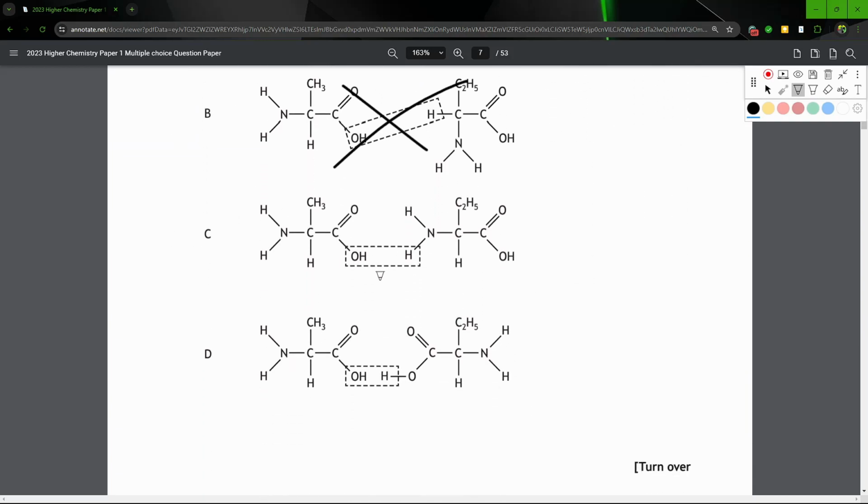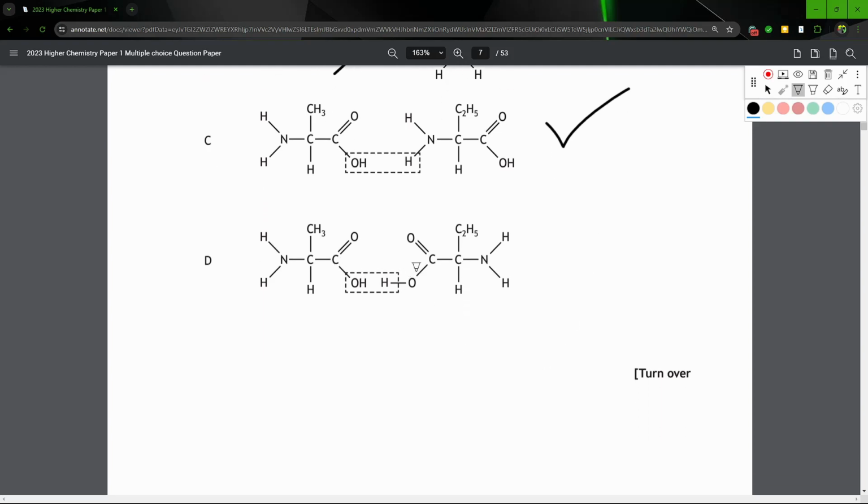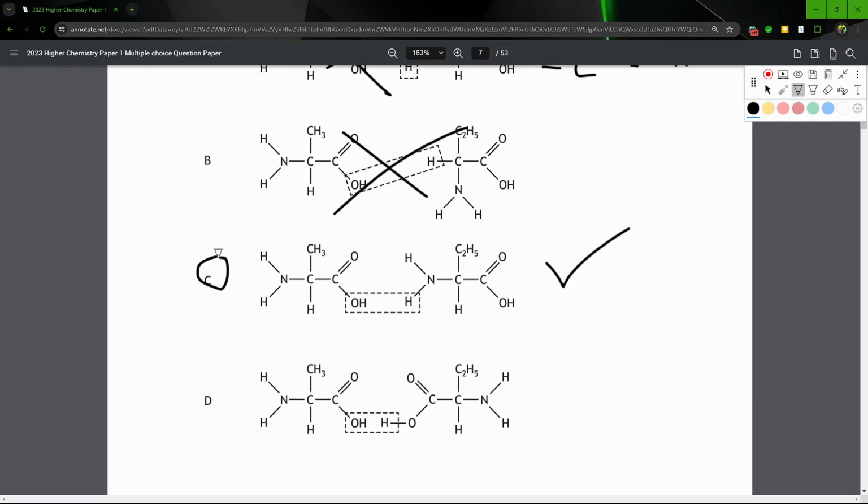C is looking pretty promising because it's got nitrogen, and it's reacting with the nitrogen hydrogen, and then reacting with the OH group, so it might be C. And for D, it's reacting with an alcohol group. It's the same functional group reacting with itself. Not correct. So it's going to be C.